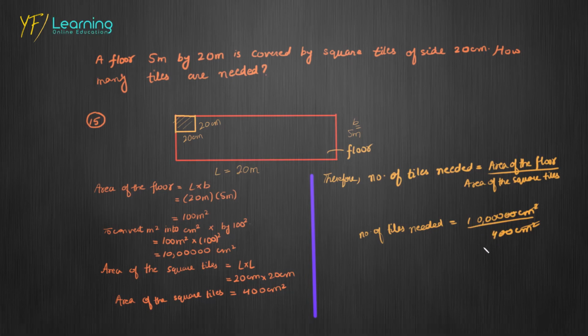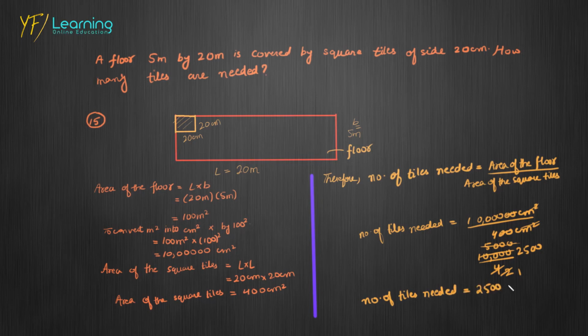So centimeter square cancels with centimeter square, 20 cancels with 2 zeros, and it now becomes 10,000 over 4. 10,000 over 4. 2 times 2 is 4. 2 5s are 10, 0 0 0. 2 1s are 2. 225. Hundreds are 5,000.